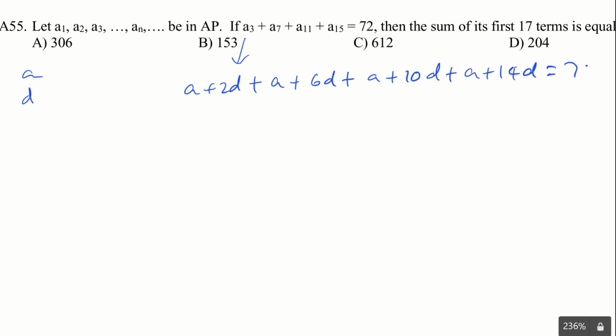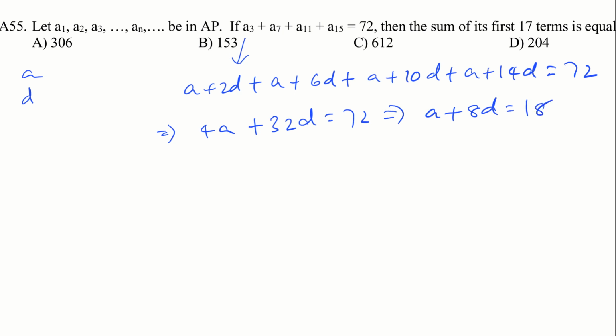Here this is equal to 72. So I am getting 4a plus 24 plus 30, 32d equal to 72. Or cancelling a 4 throughout, I have a plus 8d is equal to 18.